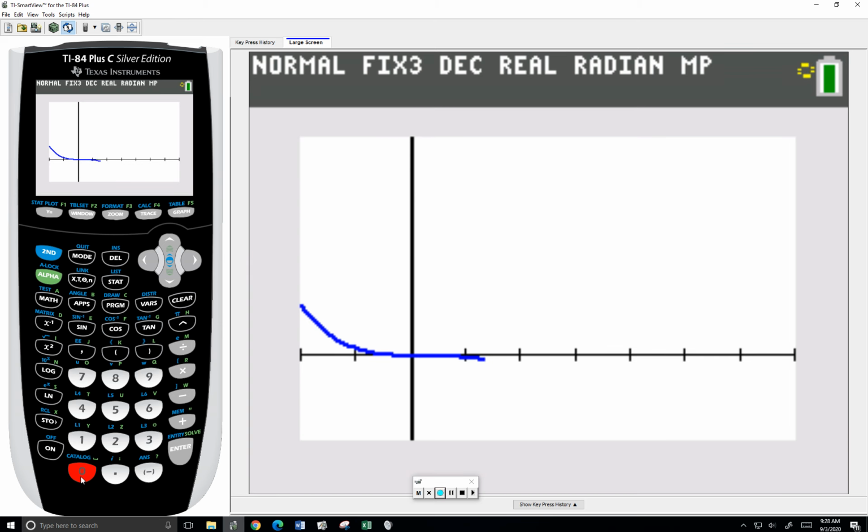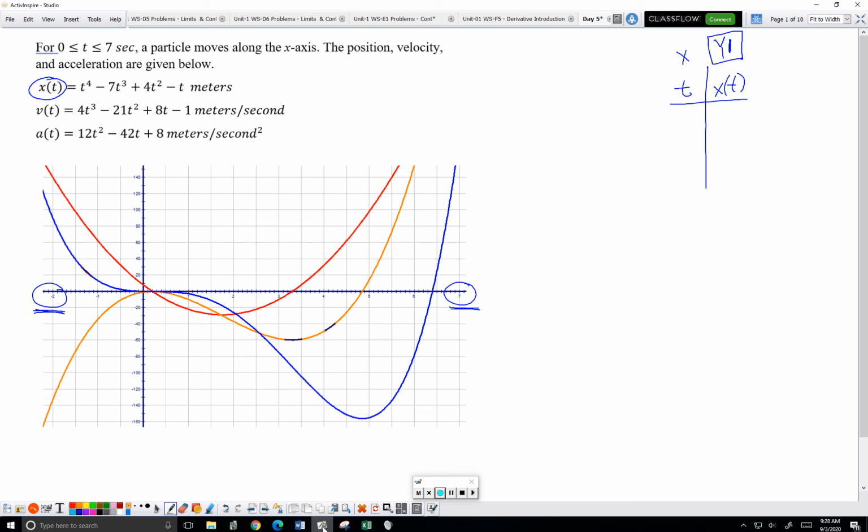Let's go back to the notes. Okay, big idea. This graph is showing 3 different plots. It's plotting the position, the velocity, and the acceleration.